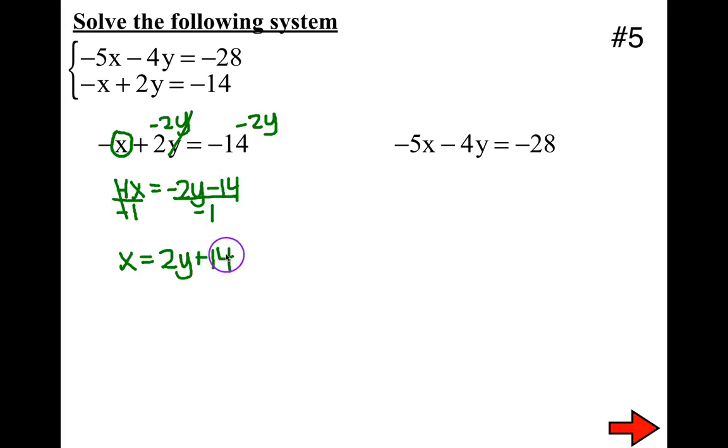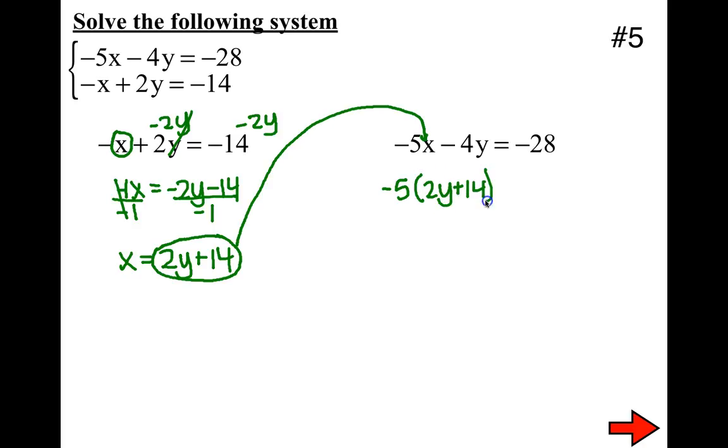So now that we have that, I know the value of x, I can go ahead and take this value and substitute it into the next equation in for x. So let's do that. We have negative 5 times the quantity 2y plus 14. We're going to subtract 4y, and it's supposed to equal negative 28.